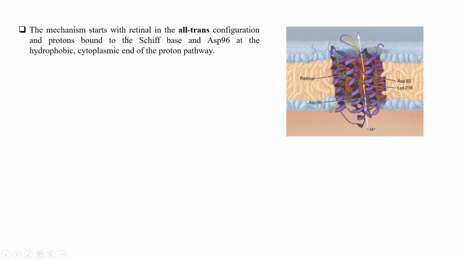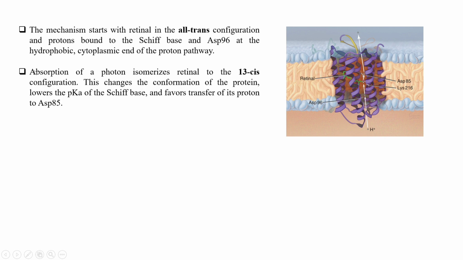So the mechanism starts with retinal in the all-trans configuration and protons bound to the Schiff base and aspartate 96 at the hydrophobic cytoplasmic end of the proton pathway. That means here hydrogen ions or protons are already attached to aspartate 96 and retinal. Now absorption of a photon isomerizes this retinal. Isomerizes means its conformation changes to the 13-cis configuration.